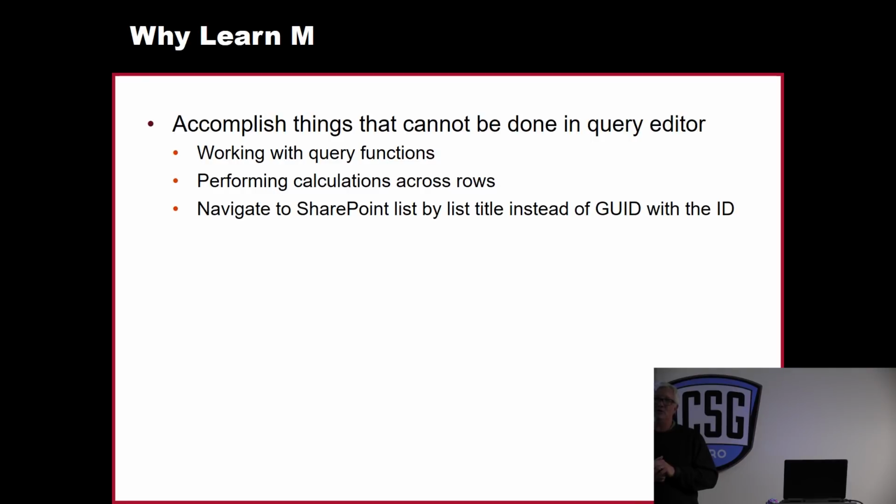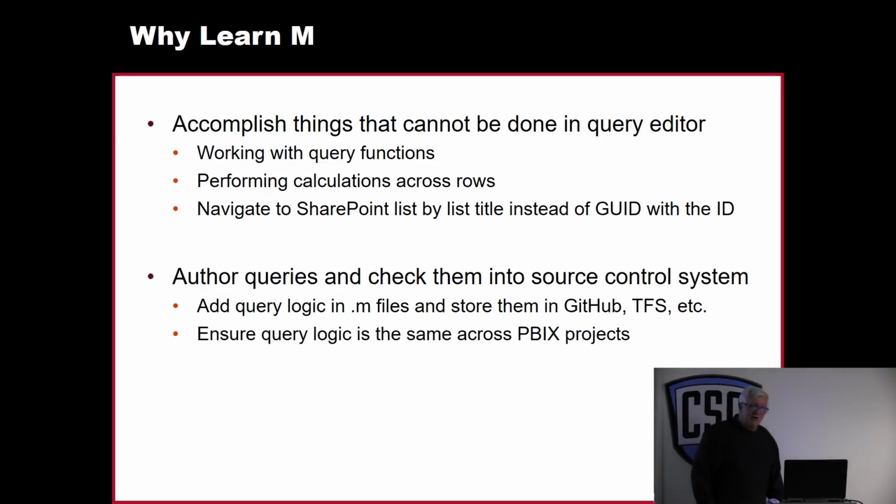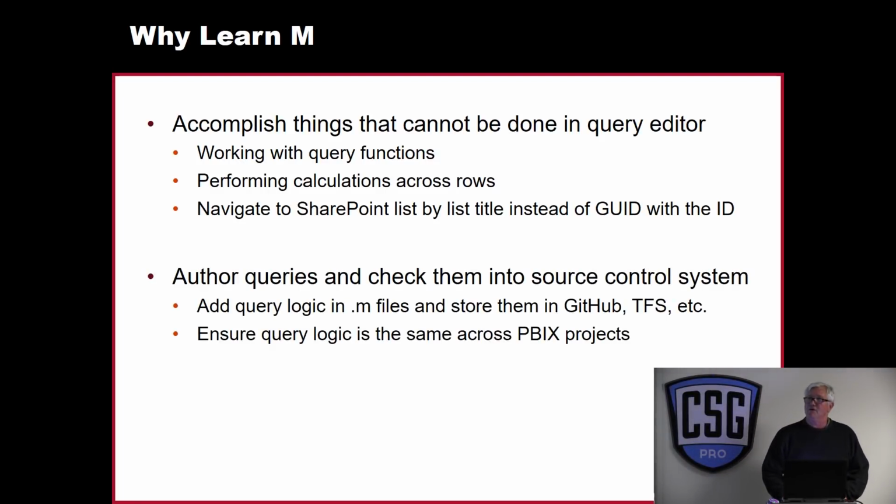Or you can just drop the list and recreate it. You can recreate the list with the same title, but it's going to have a different GUID, so it breaks. So you could jump in and change the dependency from the GUID of the list to the title. Once again, this is another example of a technique where, if you learn to work with M, you can get there, and if you're reliant just on the UI experience, you can't.